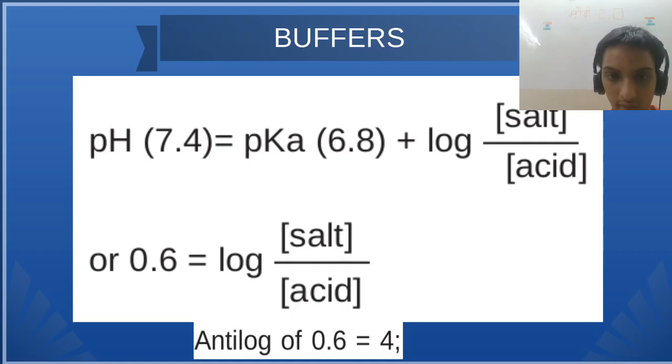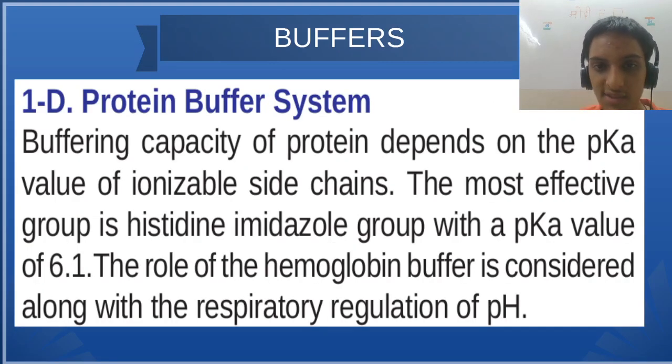Let us see the last one, the protein buffer. What is the structural unit of protein? Let me remind you, it is the amino acid, right? So the protein buffer should depend on amino acid. What is the amino acid present in hemoglobin? Is hemoglobin not a protein? Definitely yes. So what amino acid will be associated here?